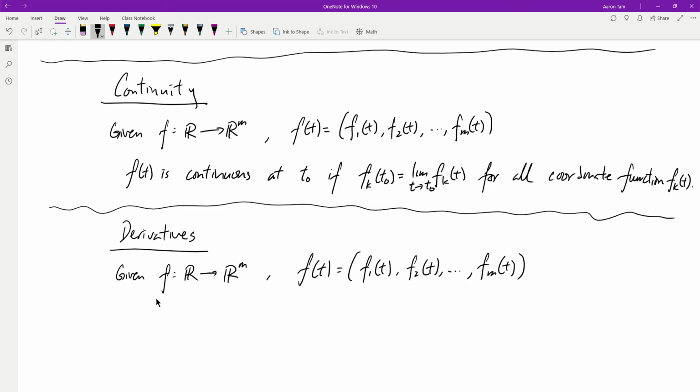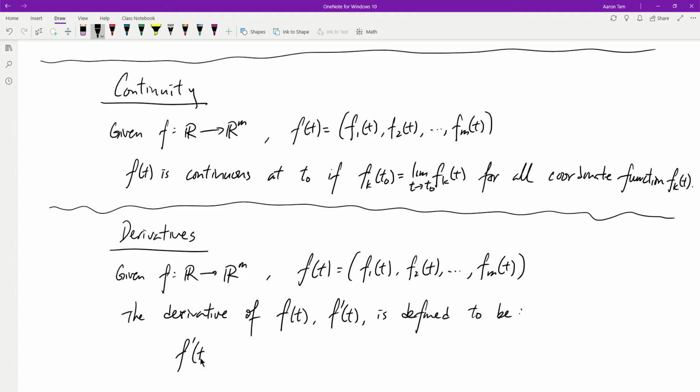The derivative of f, which is called f prime of t, is defined to be this: f prime of t is equal to f sub 1 prime of t, f sub 2 prime of t, to f sub m prime of t.